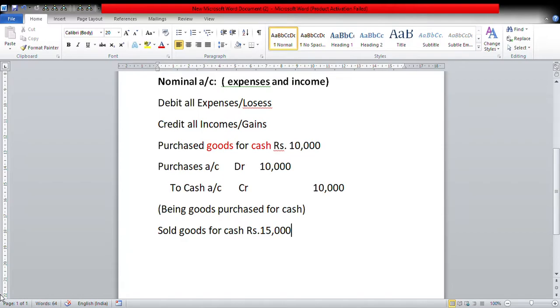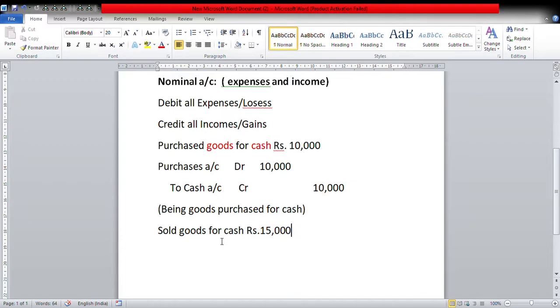The first question is whether it is a cash transaction or a credit transaction. Cash is already included in the given transaction, so you can very well say this is a cash transaction, because the business is selling the goods and immediately receiving cash. So the first question has been answered.